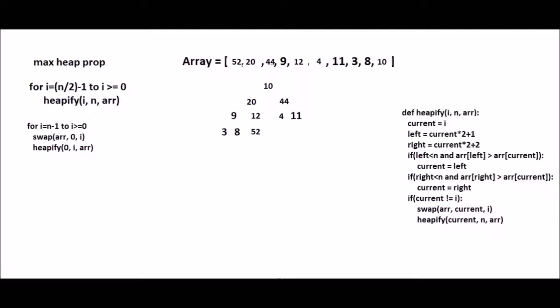So in our main array, this 52 is going to be replaced by 10, and it's going to be swapped actually by 10. So 52 goes here. So the last element is going to be at the end. The largest element is going to be at the end, and then we reduce the size, and then we heapify it. So we start from 0 to 9.